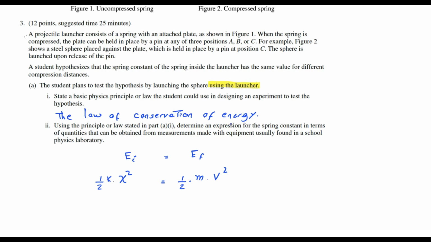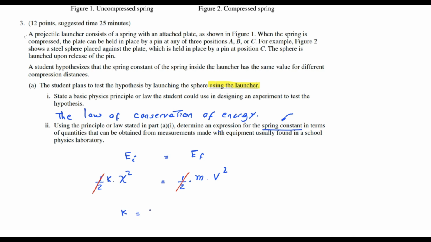Now, this is the expression, but we are asked to find an expression for the spring constant. Okay, so we'll need to make this k the subject of this equation. Let's work it out. The 1/2 on the left side and 1/2 on the right side can be simplified, and we'll end up with something that will look like this.